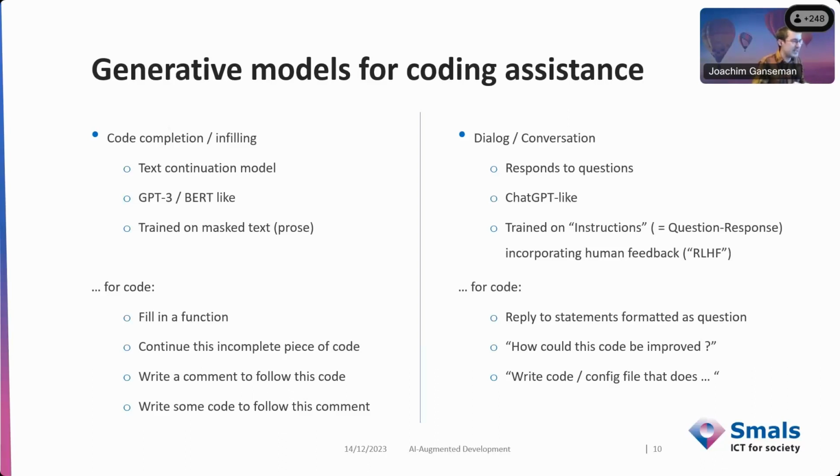And nowadays, in GitHub Copilot in the backend, it's very likely that there's only a dialogue model, only a chat model present, and no longer a separate code completion or code infilling model. But it's a closed source system. I don't know exactly what's in the backend.